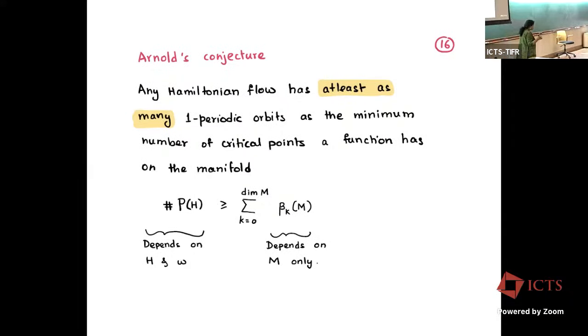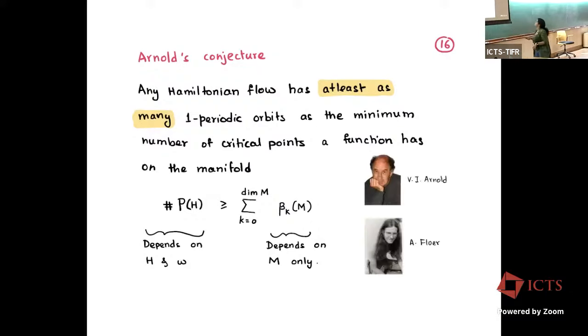A big breakthrough happened around 1990. Arnold is the person who made the conjecture, and the big breakthrough was by this person called Andreas Floer. He developed a totally new way of looking at these objects, which actually has relations to string theory and all. A very different way of looking at these orbits allowed him to conclude this for a very large class of manifolds.